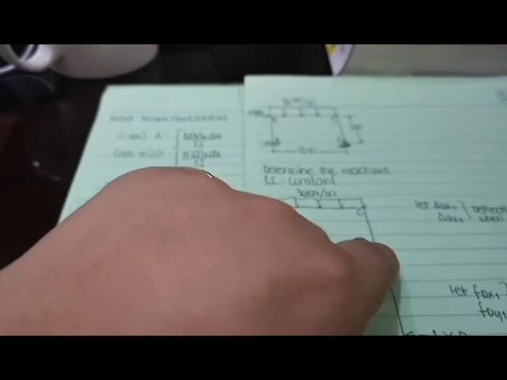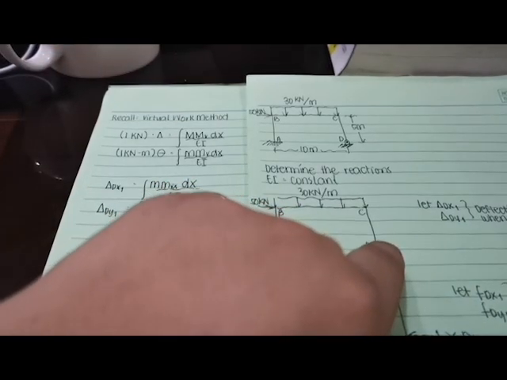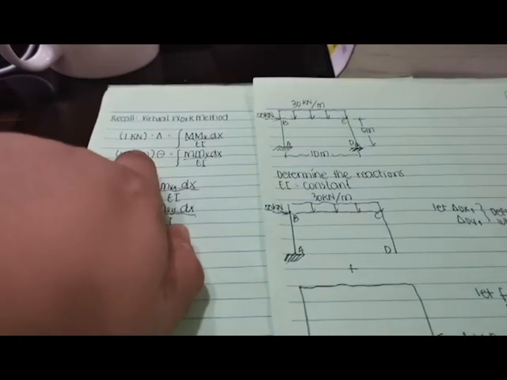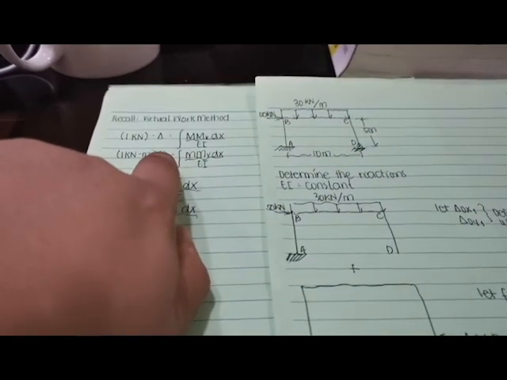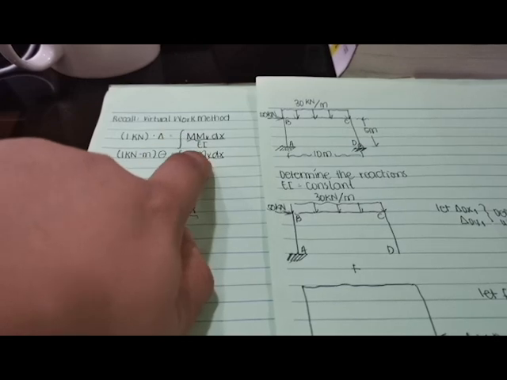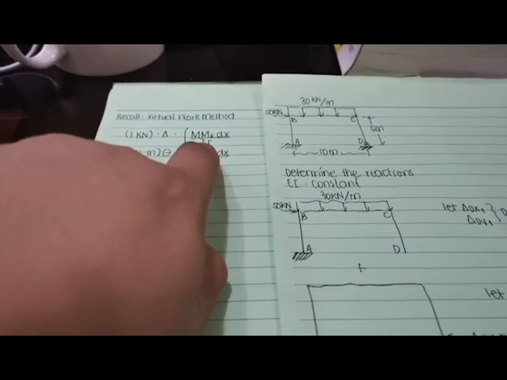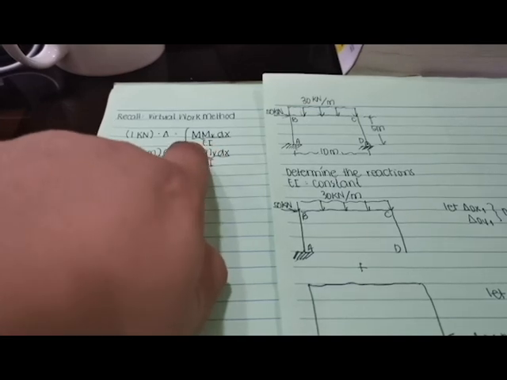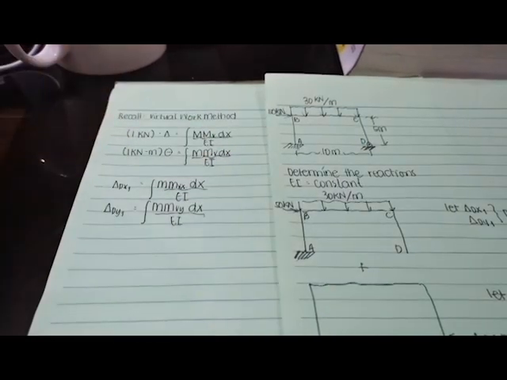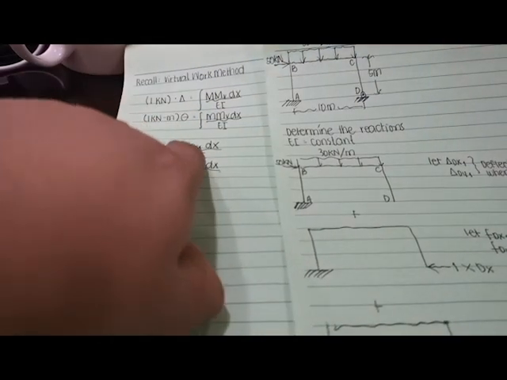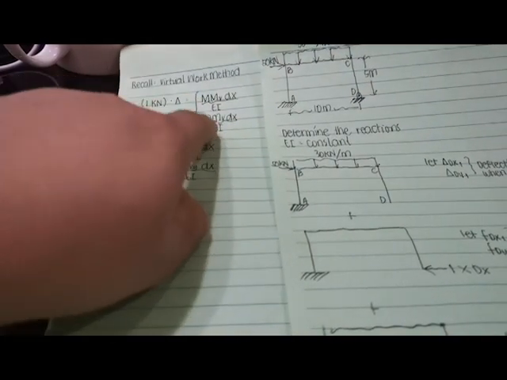If we are to determine the slope at D naman, we apply a unit moment. So 1 kilonewton meter multiplied by theta is equal to the integral of the virtual moment times the real moment, dx over EI. So this is our derived equation.